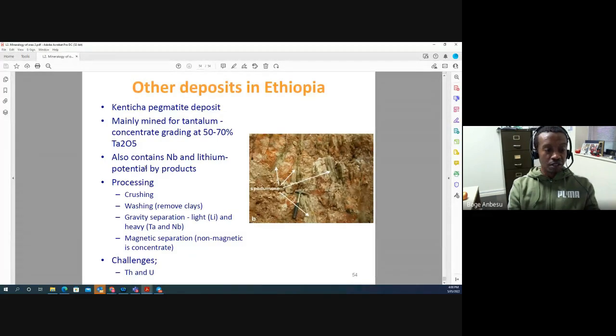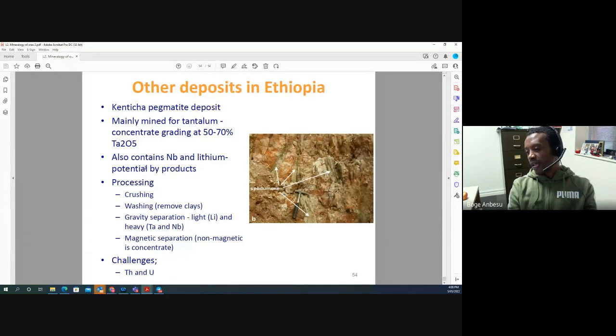If the thorium and uranium is below a certain level, it's acceptable. If it's higher than expected, then you have to pay for that, or you essentially get a lower value for your product as well. And obviously radioactivity is one of the main issues that we can encounter in transporting material from one place to another.